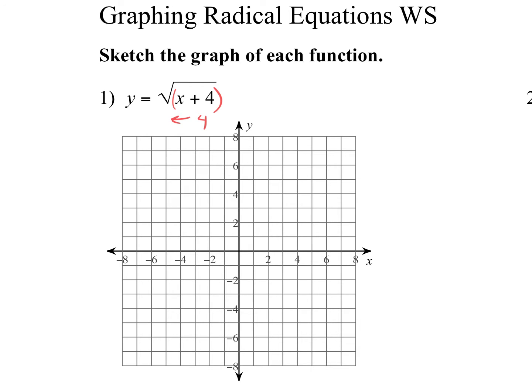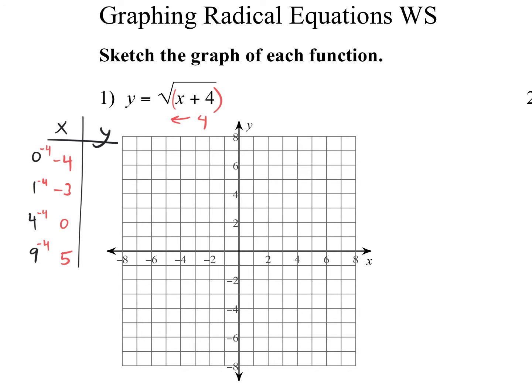Normally we would plug in 0, 1, 4, and 9, because those are nice perfect squares, but I'm going to shift all of them left 4. So I'm going to subtract 4 from all of these to give me -4, -3, 0, and 5. So those are my new x values.